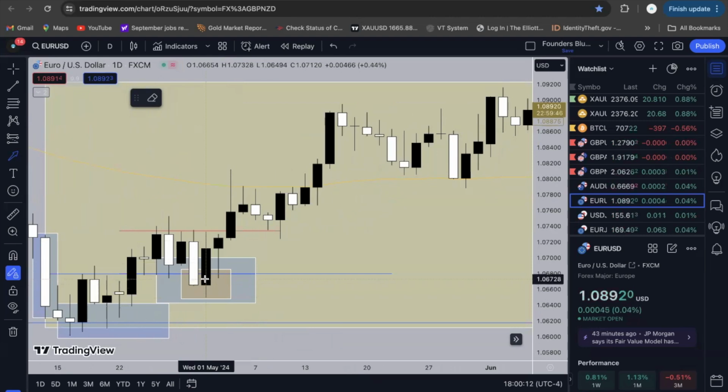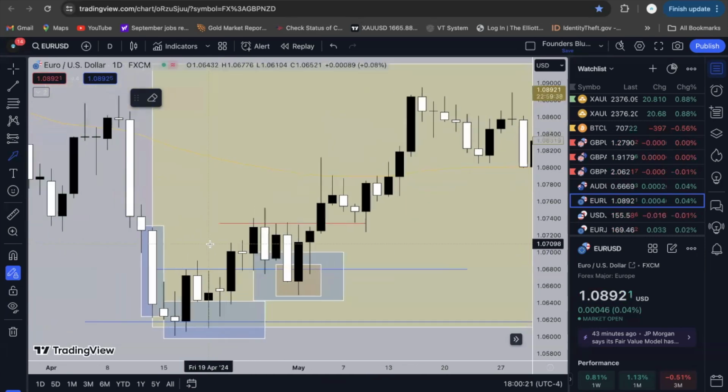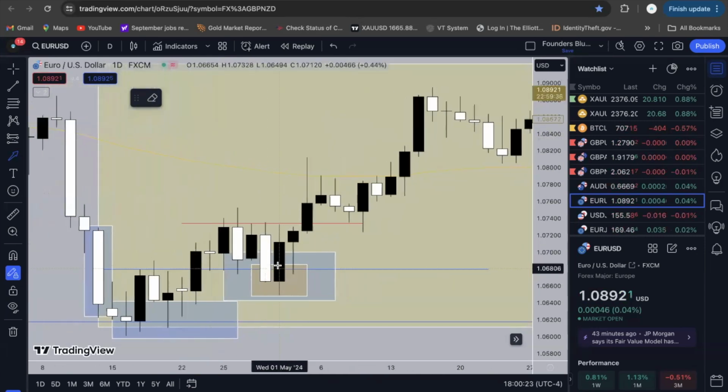But what we want to identify is how that next candle closes. That next candle closed with a nice wick rejection, so sellers were in control from this level.